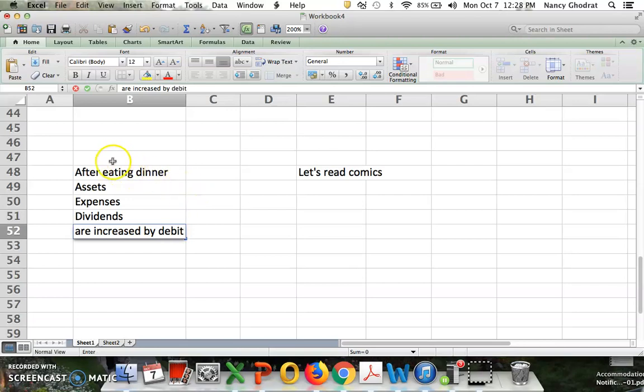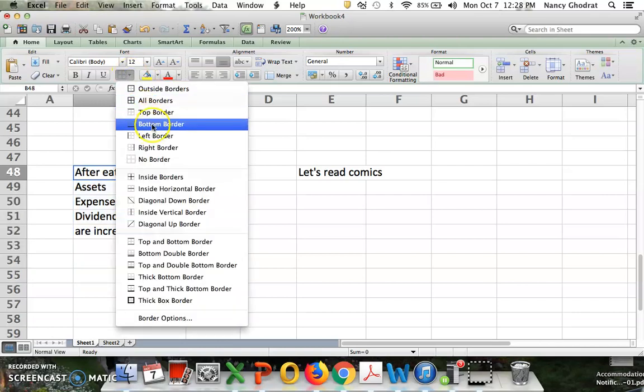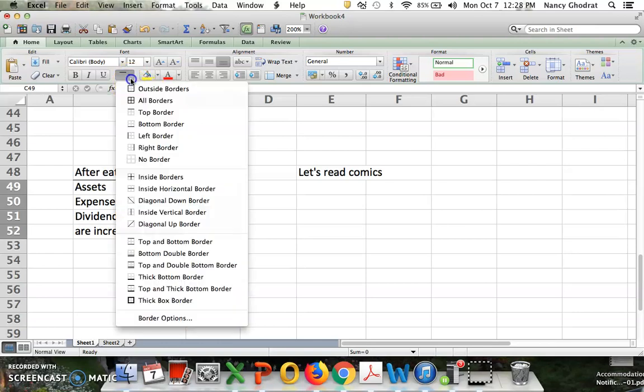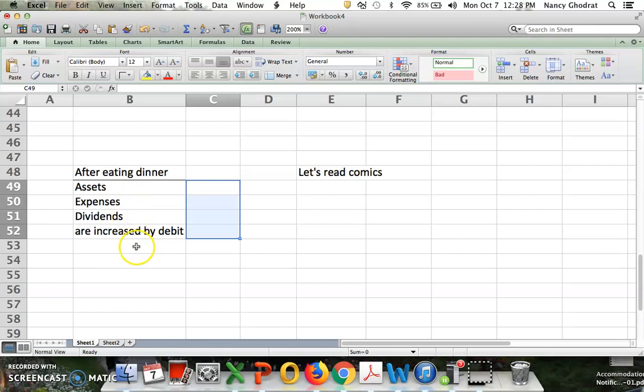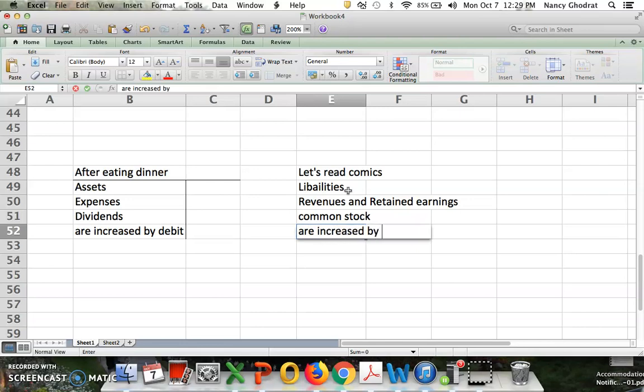If you create a T account for yourself, you will see that the debit side, which is the left side, will increase this type of account, whereas liabilities and revenues and retained earnings and common stock are increased by a credit entry and therefore decreased by debit.